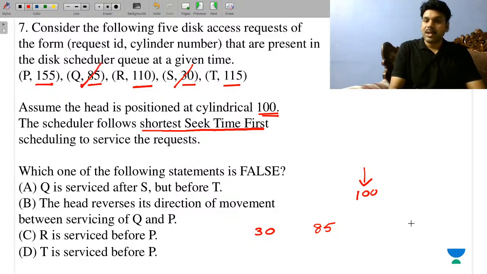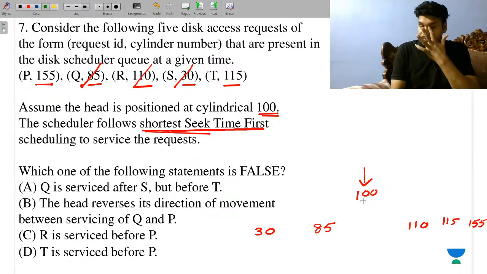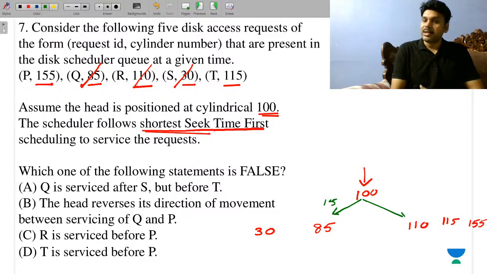Then we have 110, then 115, then 155. Now you need to use the SSTF policy only. So using SSTF, this side it is taking 15 and this side it is taking 10. So we are going to satisfy the other side only.